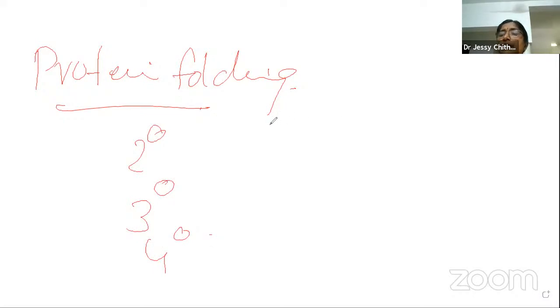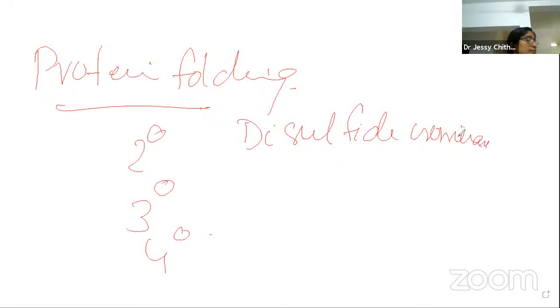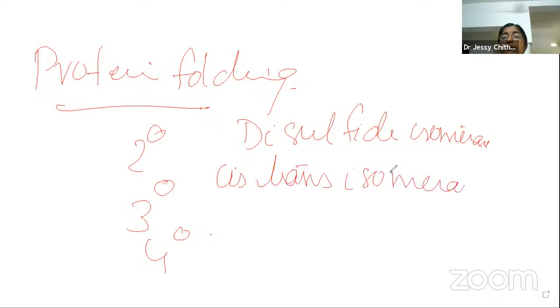And this is mediated mainly by two enzymes, disulfide isomerase and cis-trans isomerase. These are the two enzymes necessary for protein folding.